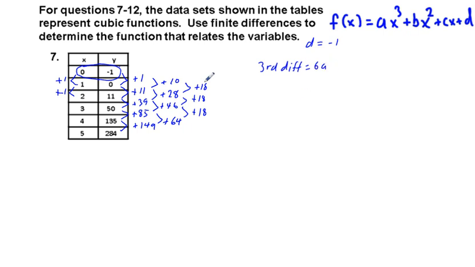And we have found that to be 18. So we say 18 is equal to 6a, and dividing by 6, we have a is 18 divided by 6, or a is equal to 3. So a is equal to 3, meaning we're going to have 3x cubed is going to be our first term.